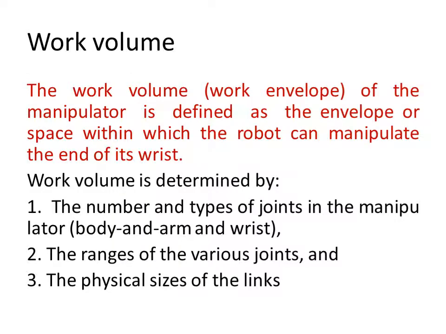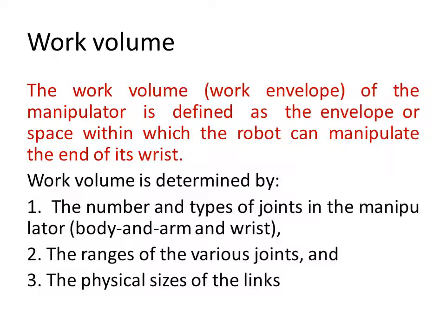Now the next topic which is very important to understand is the work volume. Work volume basically defines the maximum reach of the wrist. Okay, so by definition, the work volume, also known as work envelope, of the manipulator is defined as the envelope or space within which the robot can manipulate the end of its reach.